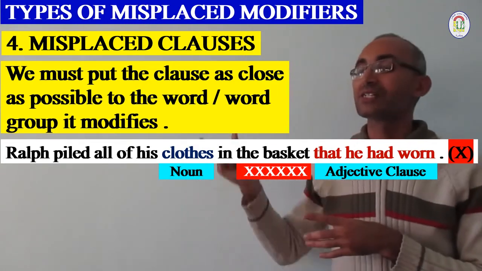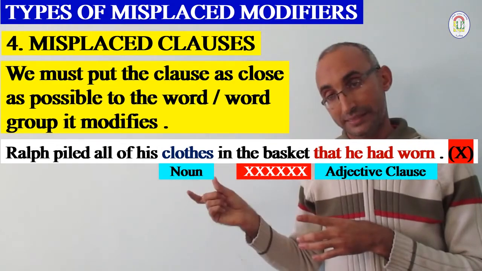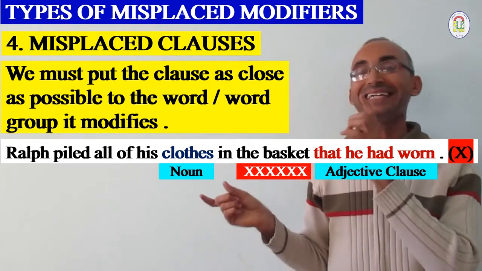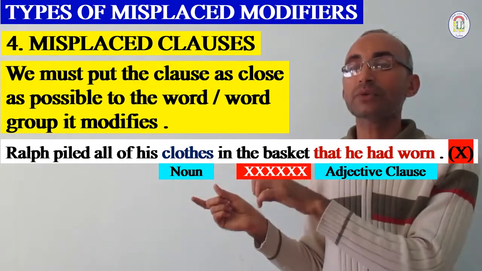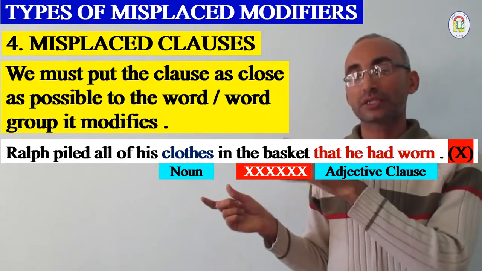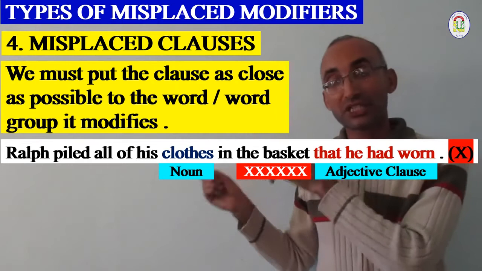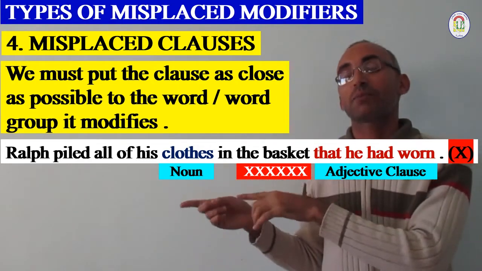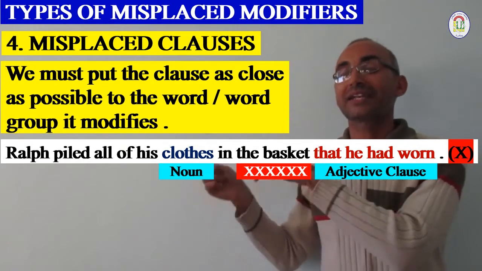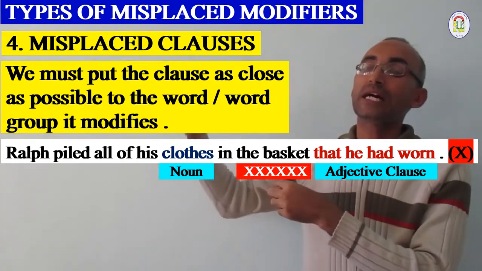So here I have that he had worn as my adjective clause, my modifier, and it is placed after the noun basket, because we said last time it always comes after the noun it modifies. But in this position it does not modify the right noun, because it is linked to the word clothes.